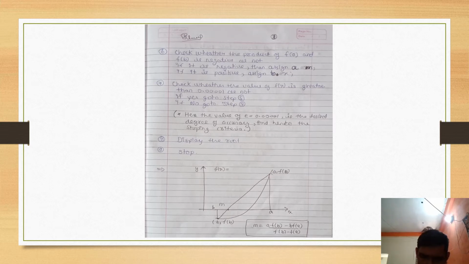Suppose we have a curve that cuts the x-axis at some point. We take a lower point b, f of b, and an upper point a, f of a, and we have to find the point at which the curve meets the x-axis. So we use the regular falsi method to find that point.